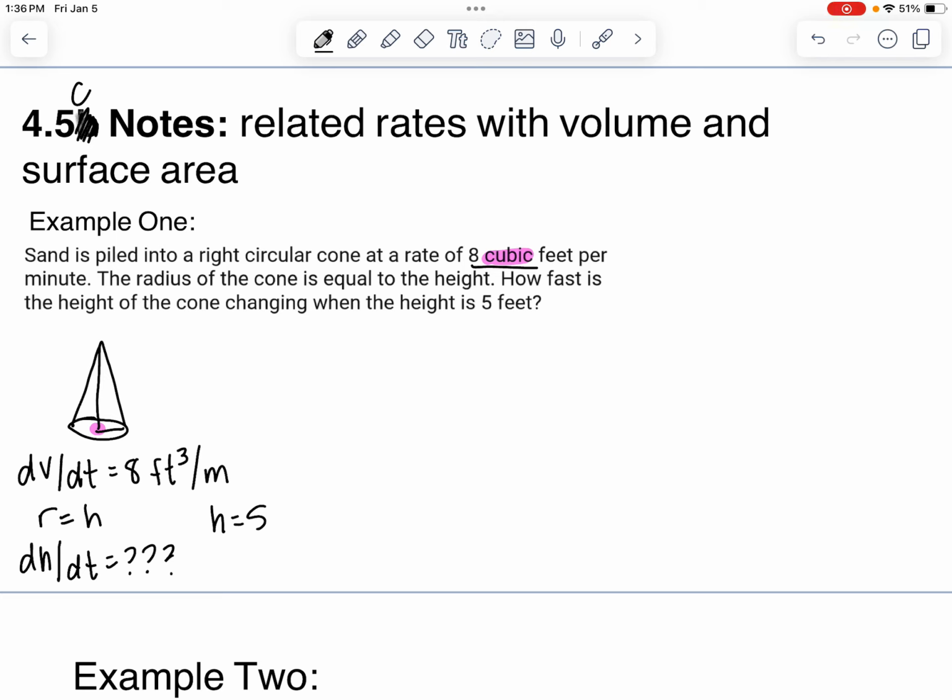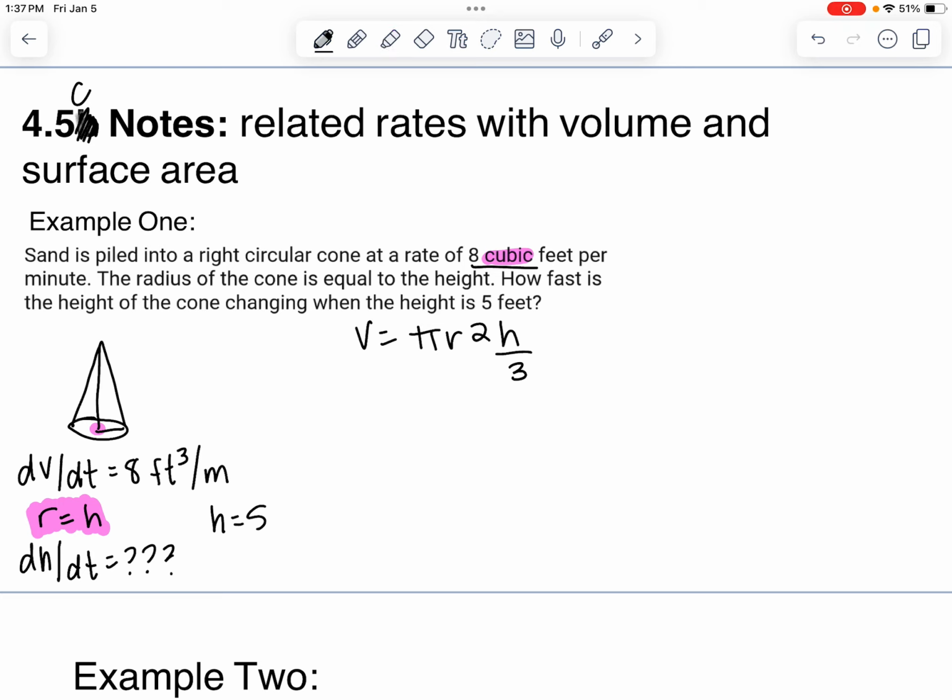Because of dV/dt, we're going to use the volume formula, pi r squared h over 3. So this is the volume formula of a cone. It's pi r squared times h divided by 3. And we're going to see how we can use this information. The height is changing, so we can't plug in 5. But what we could plug in is r equals h, this information right here.